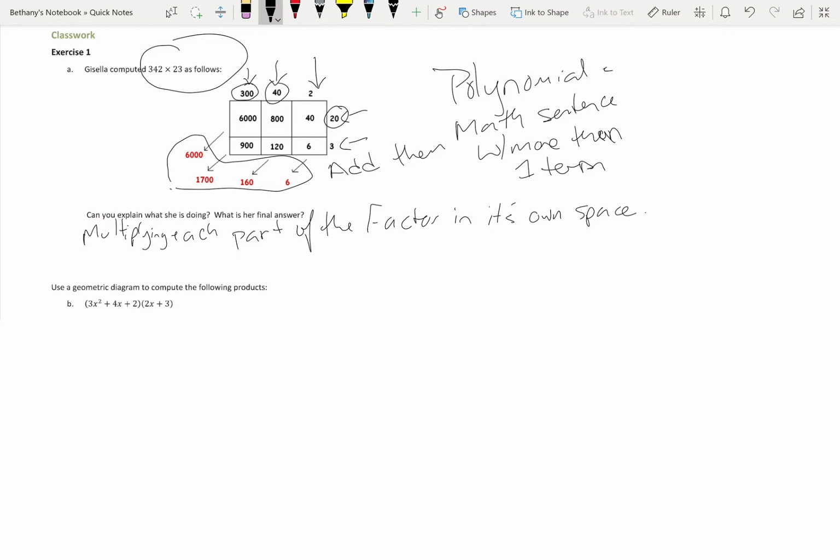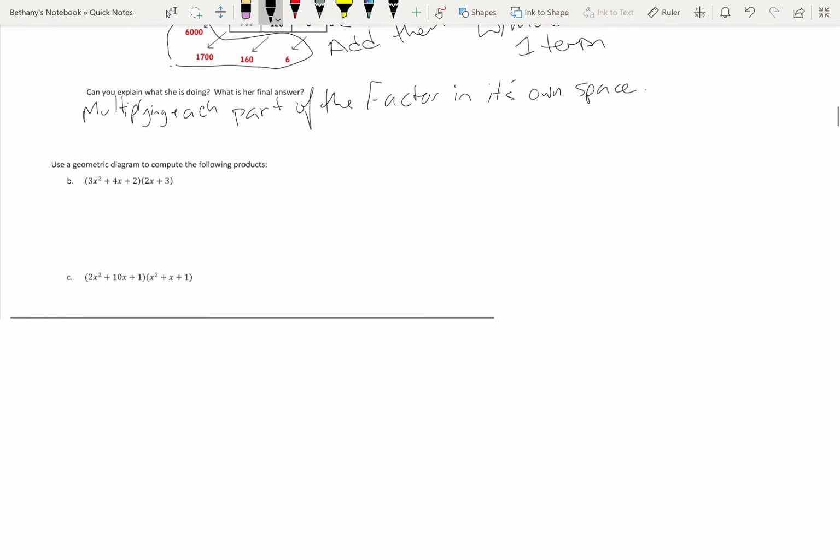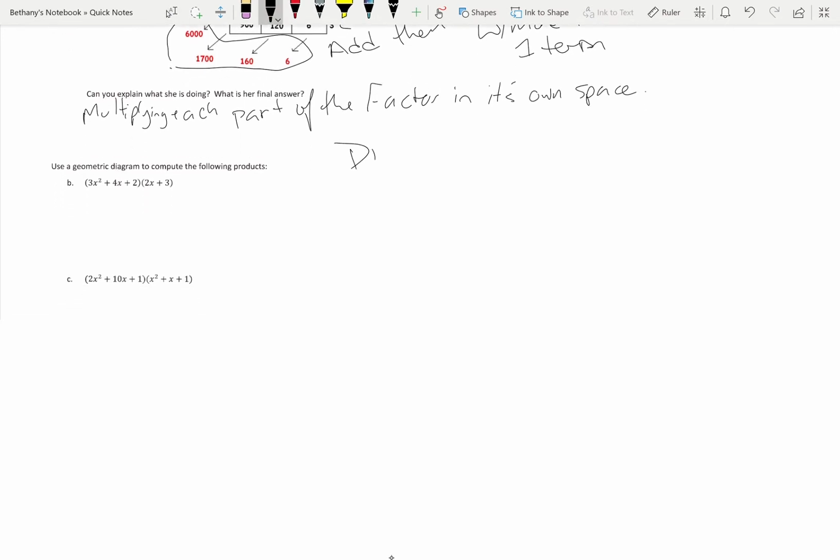When we're multiplying polynomials, all we're going to focus on is the distributive property. But when we talk about the distributive property, we're going to distribute all the terms to every term in the second parentheses.